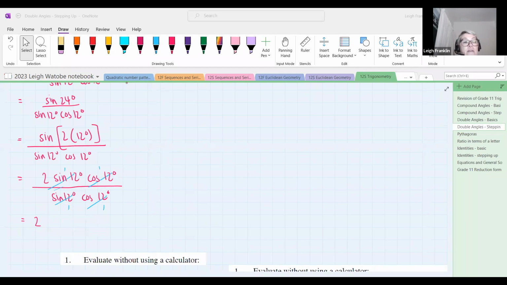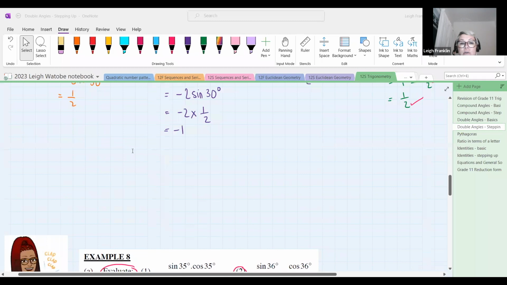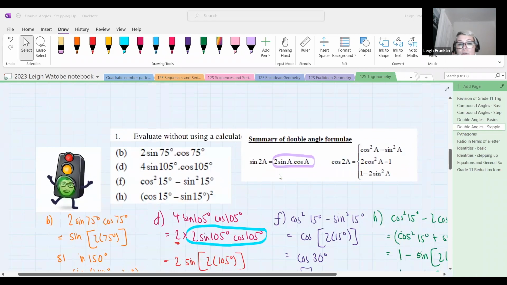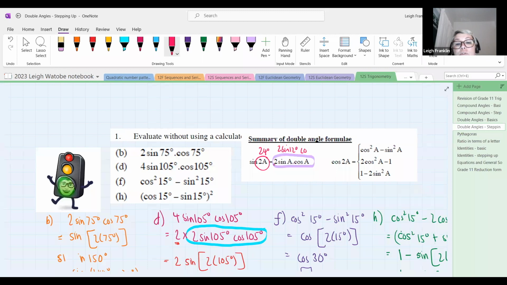So the sine of 24 is 2 sine 12 cos 12 according to our double angle identity. All right, so this is what she was using over here. Sine 2A, that was the 24, and she wrote it as 2 sine 12 cos 12. That was the identity. Okay, all right, thank you.